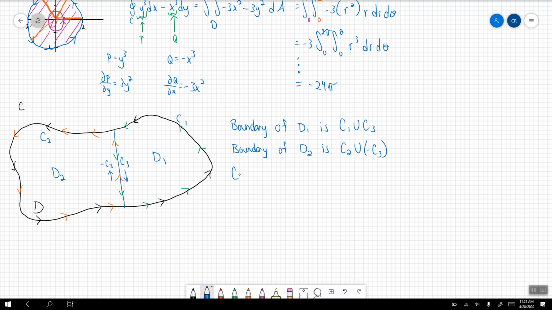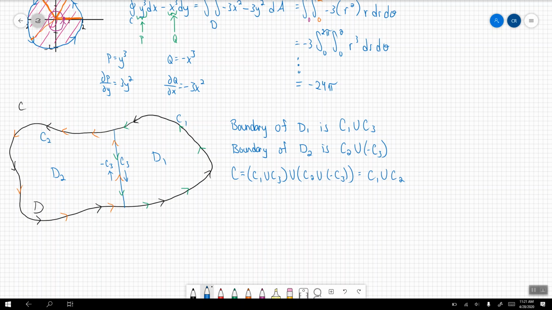Altogether, curve C is made up of curve 1 union curve 3 union curve 2 union negative curve 3. If you follow the unions along, the negative traversing with the positive traversing of curve 3 cancel, and we only get C1 union C2, which naturally makes just that outer portion of the curve.